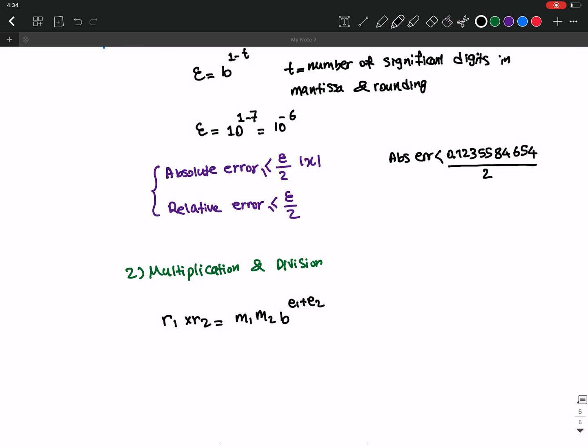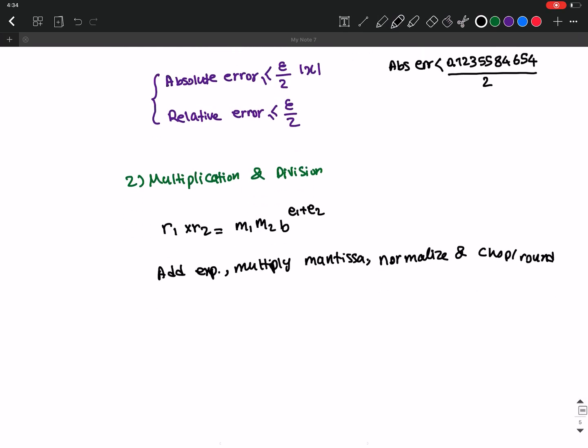This is how we do the multiplication. The approach is we add the exponents, multiply the mantissa, normalize, and chop or round. So this is the general approach that we have.